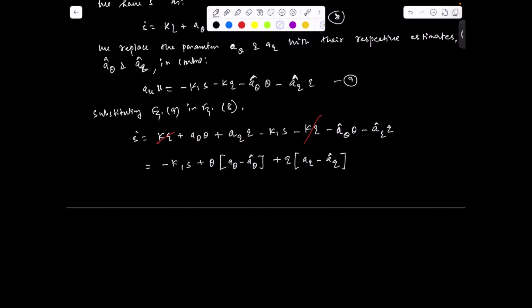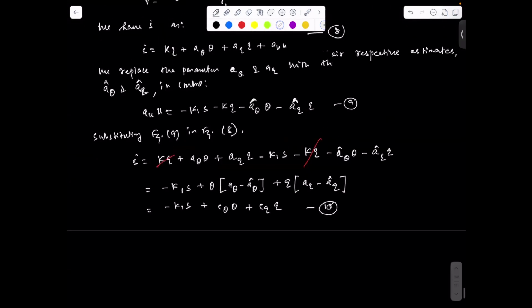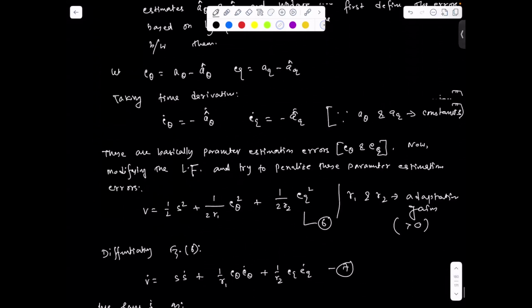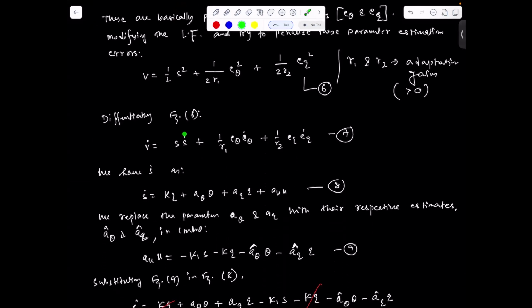Already we defined this as E theta and this as EQ, so we can write E theta theta plus EQ q. Let us define this as equation number 10. This is S dot we found here, which we'll be using while taking the final expression for V dot. So in equation 7, this part we are done.